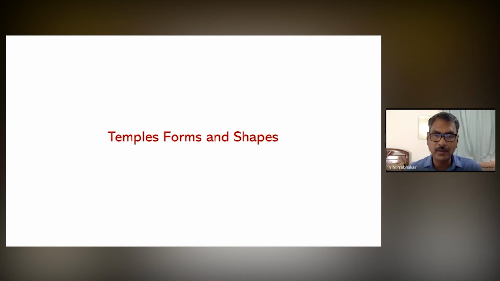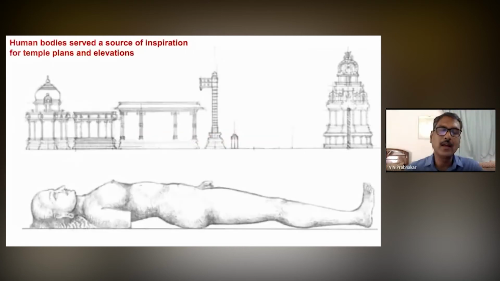So with these earliest forms which are trying to take shape in the Indian architectural context, we'll be looking into the various classifications and how they were trying to incorporate the human aspect, the various human body parts, both in the horizontal as well as the vertical profile of a temple.